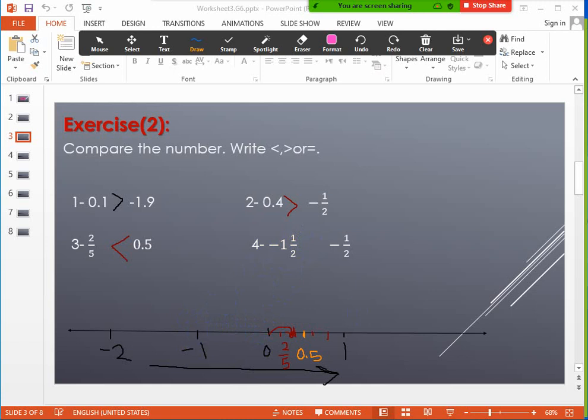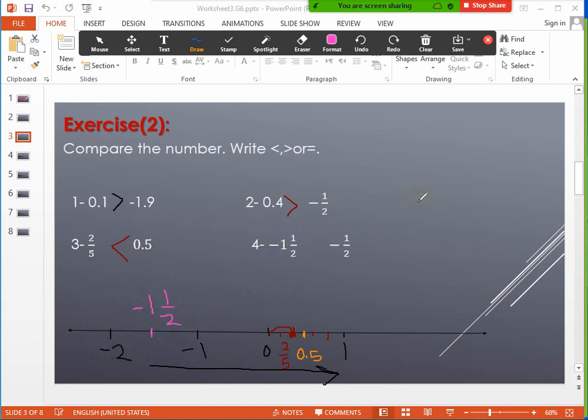Who didn't answer? Yes, Rijan, open the mic. Negative 1 and 1 over 2 will be between which two numbers? Very good. In the middle, right? This number is negative 1 and 1 over 2.